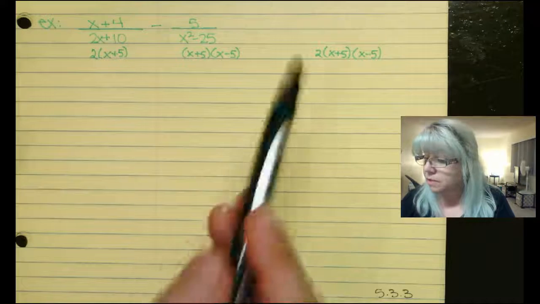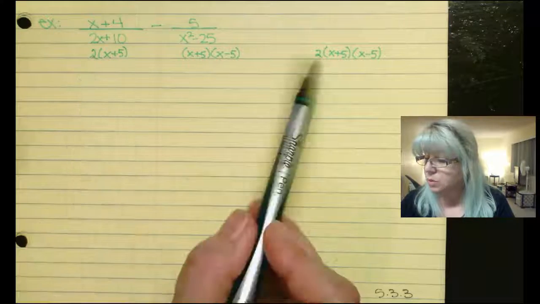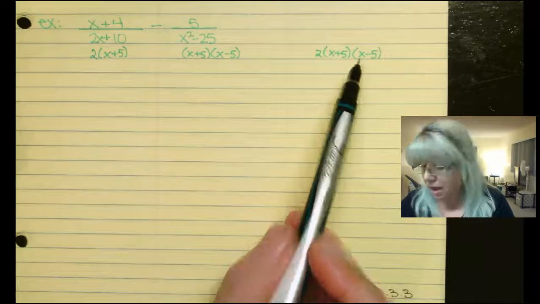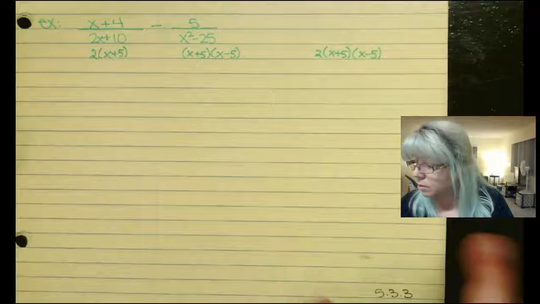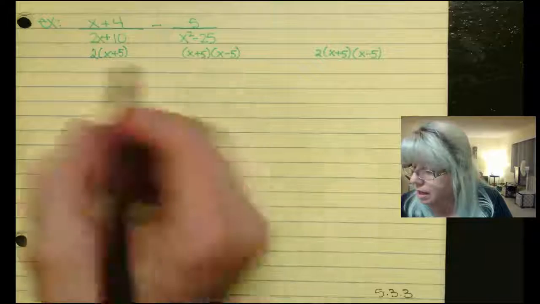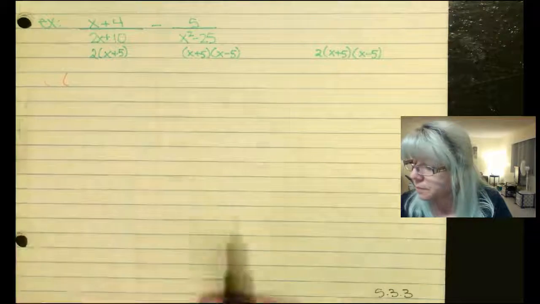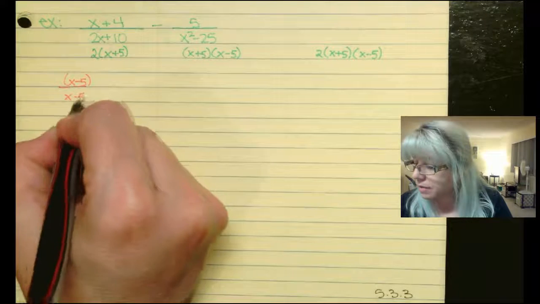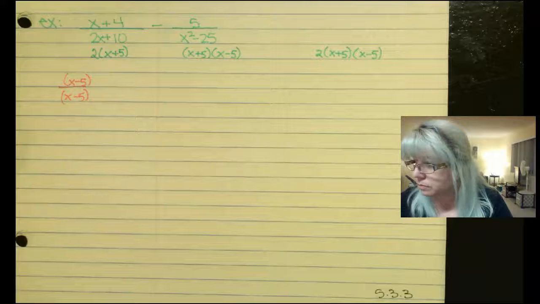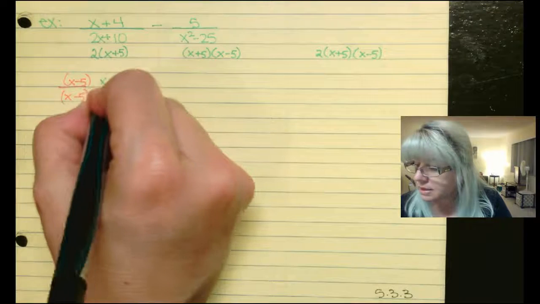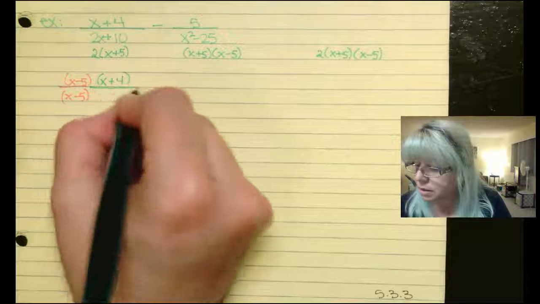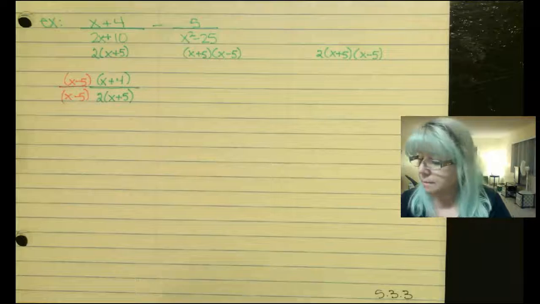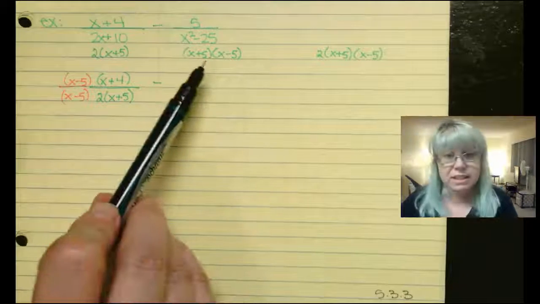Right. Look at the first term and see what it's missing. It has the 2, it has the x plus 5, but it's missing the x minus 5. So I'm going to multiply x minus 5, x minus 5, 2, x plus 4, 2 times x plus 5, minus, well, let's look at the second term.